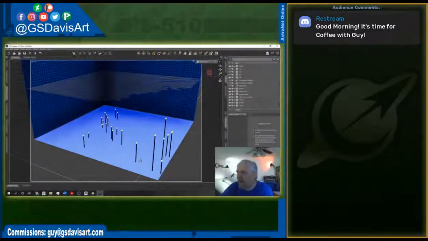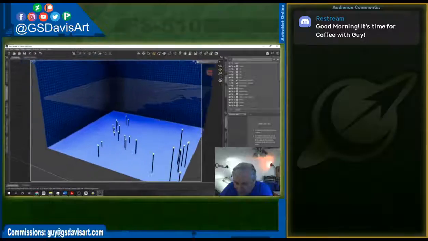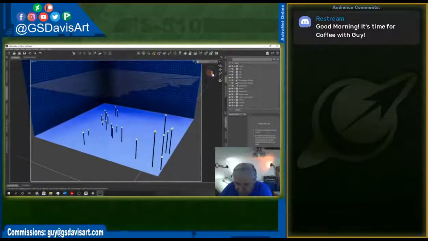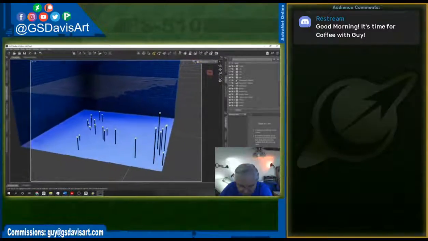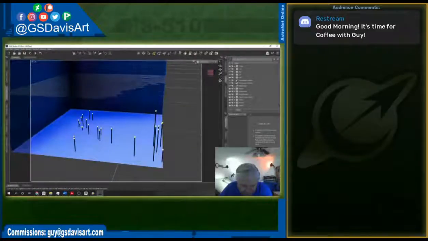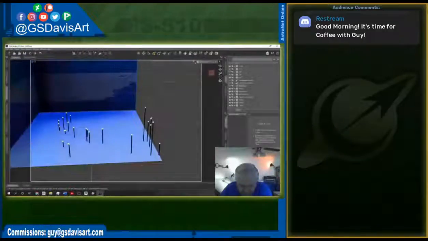Because see, like this, I can read and understand. Completely readable map right here.